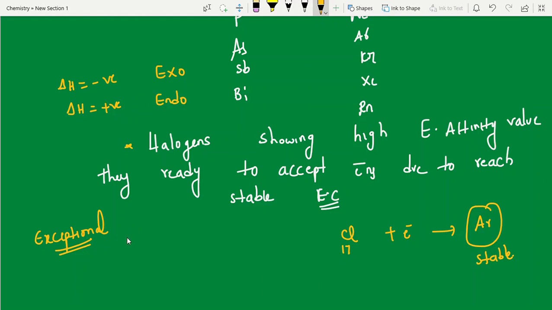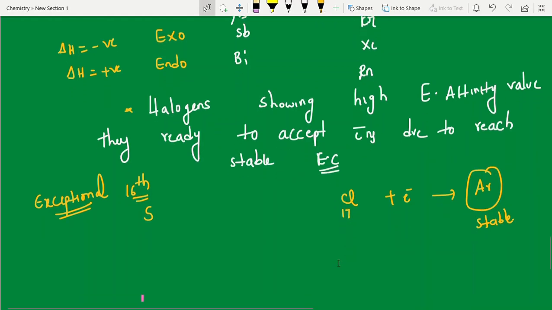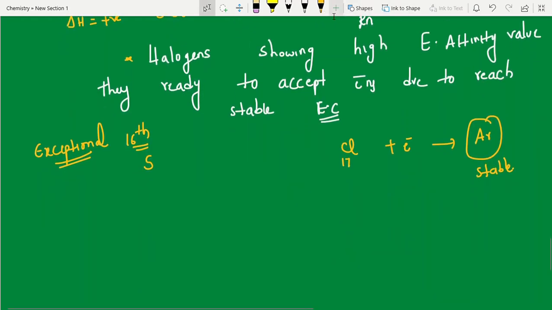Exceptional case, 16th group. So what is the 16th group? In every family, the second element shows the highest electron affinity. I already explained this in one video, 16th group elements, P block. Please, if you need the content, watch it and then come back to this shortcut. Sulfur greater than, what is this trend, exceptional case? The elements, students: oxygen, sulfur, selenium, tellurium, polonium, right?